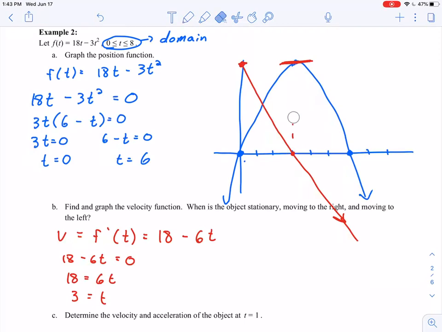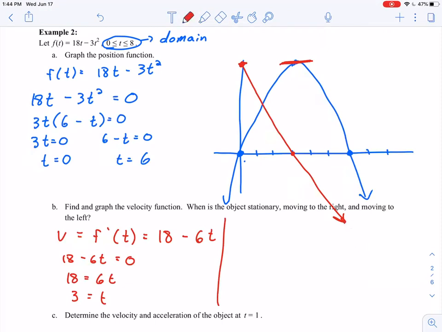So, okay. I have my velocity function, and once you have your velocity function graphed, I think it's a lot easier to talk about when is the object stationary, when is it moving to the right, and when is it moving to the left. So let's talk about this. Stationary, and actually let me erase a little bit more just so that I have some more room.